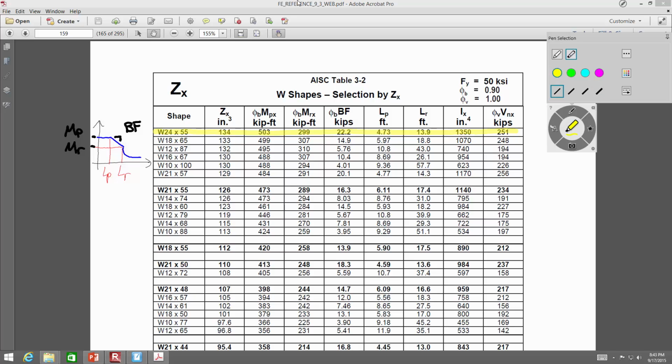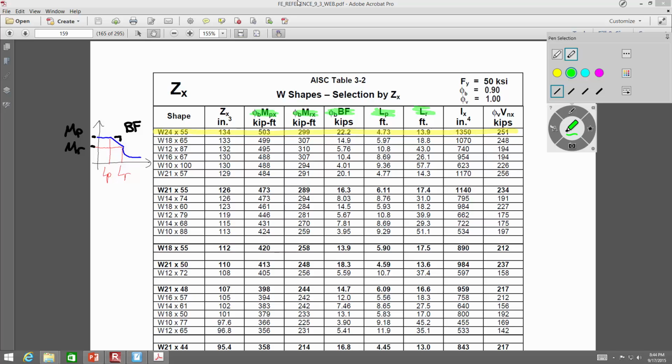That's basically what we got going on. So I've got MP right there, MR right there, BF, Lp, and Lr, right? So what is LB? What's the unbraced length for this beam? It's 12 feet, we said.